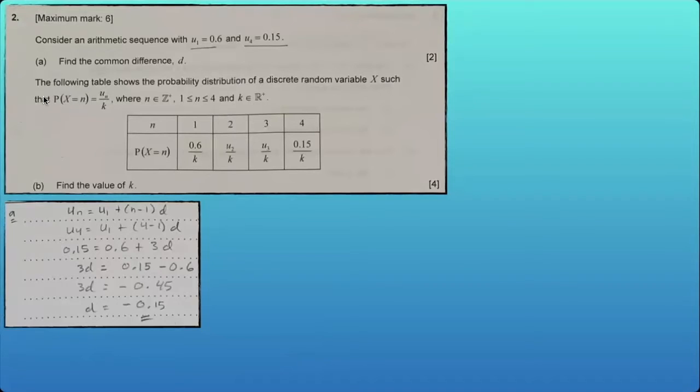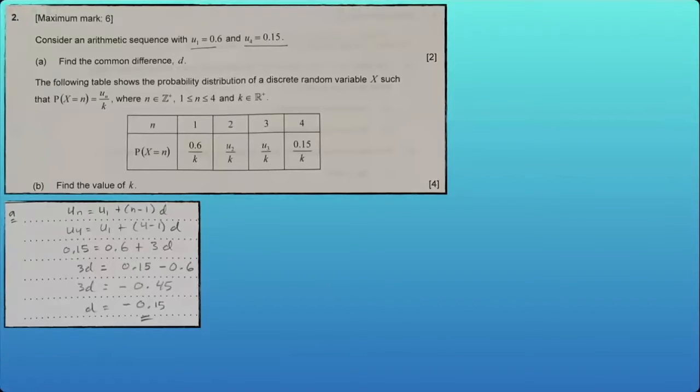So for example, when big X is equal to n, and n is equal to 1, so 0.6 over k. If n is equal to 4, therefore the probability when big X is equal to 4 is 0.15 over k. That's how we read the table. Now let's move on to the question.